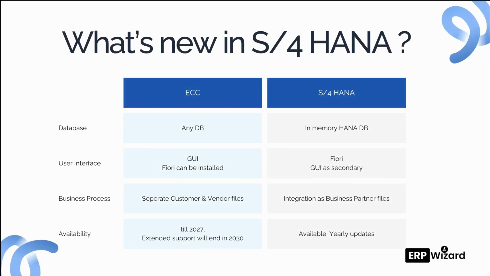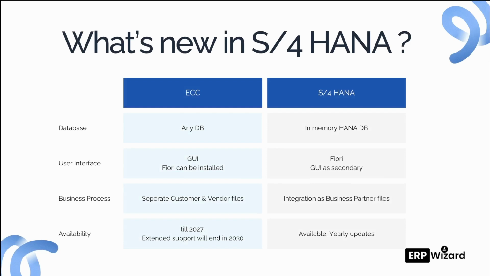If we move on to our next point of comparison, which is business processes, S4HANA has improved business processes in many places. If I have to take one example, which I mentioned on the slide as well, it has to be from the finance area, which is the business partner concept. If we go back to ECC, we used to have a concept of customers and vendors.